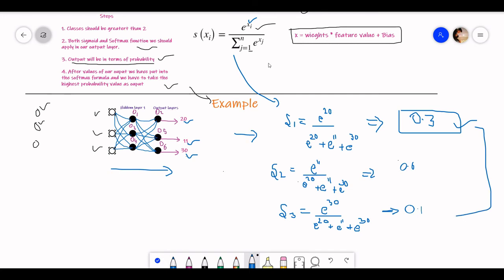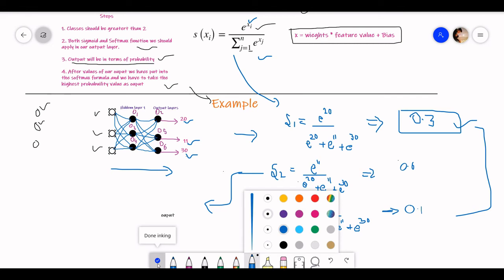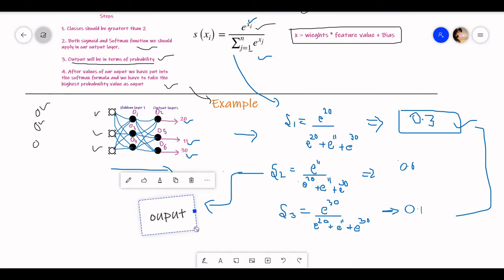So after applying the softmax activation function, it will take our highest probability and show it as our output. So our highest probability value will be our output.